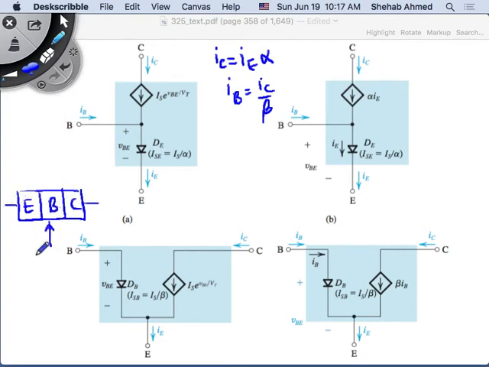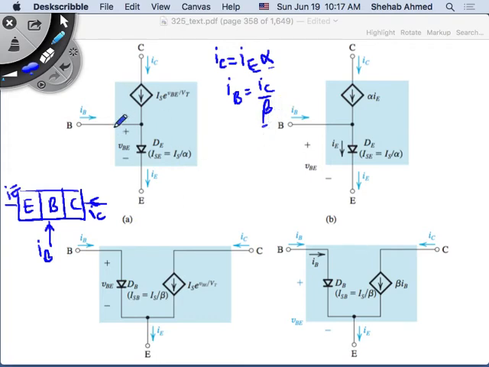This is my control input, IB. This is IE, and this is IC. IC and IE are very close, related by alpha, which is very close to 1. And IB is a much smaller variable related to IC by beta, which is a current gain.